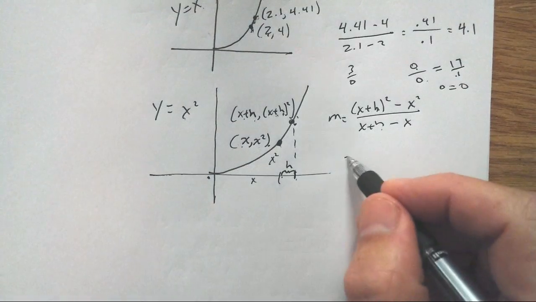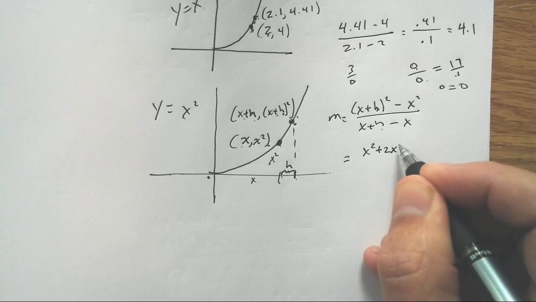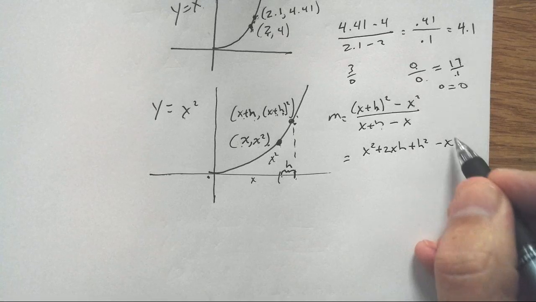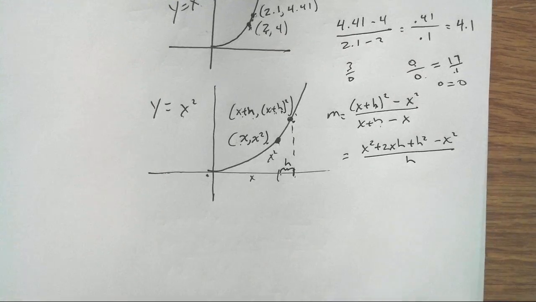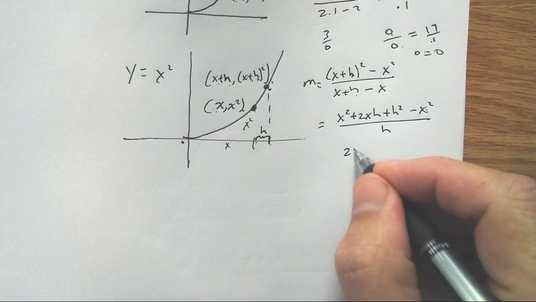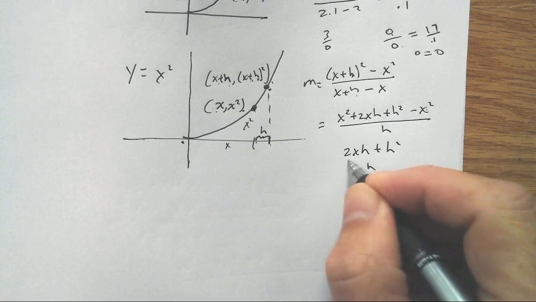All right, let's continue here. FOIL. X squared plus 2xh plus h squared minus x squared. The x squareds cancel. I get 2xh plus h squared on h.